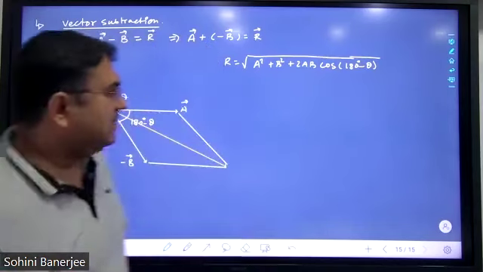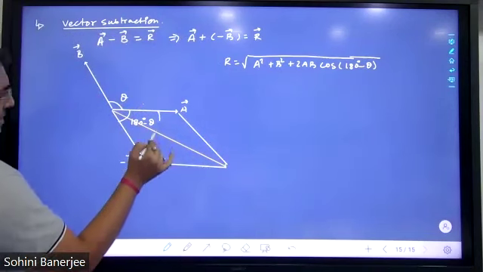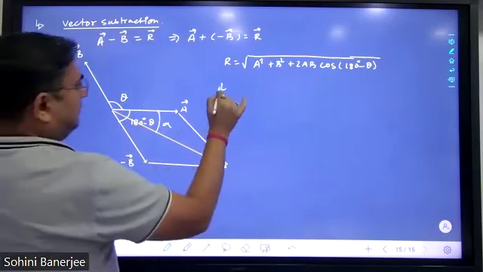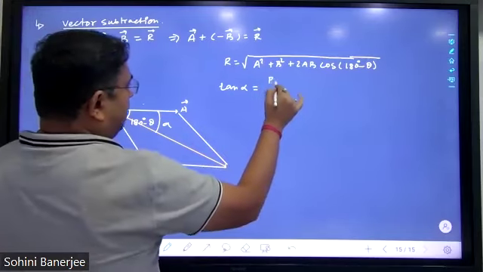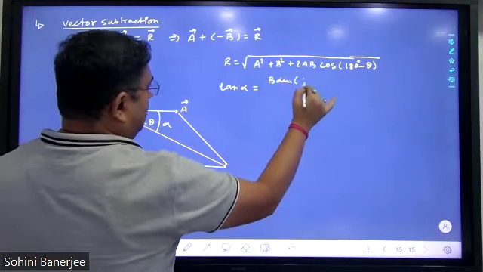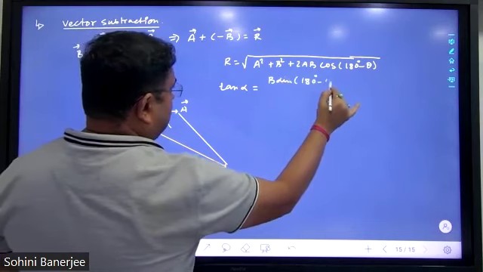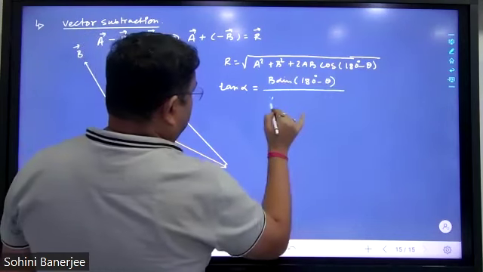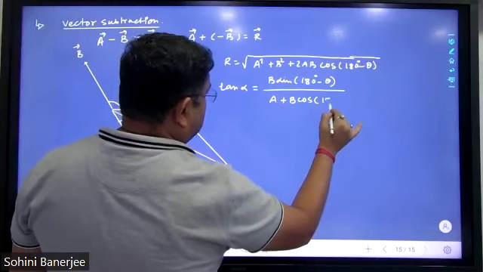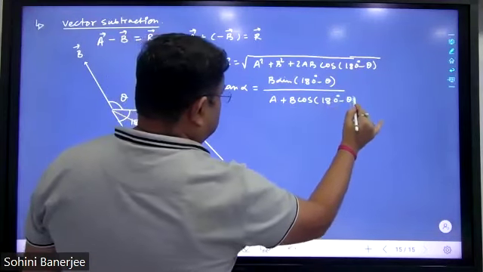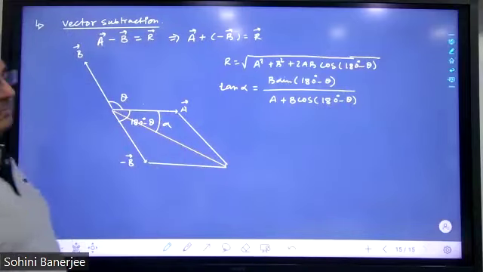Clear? So similarly, resultant makes alpha with A. Then formula wise, tan alpha equals B sin 180 degree minus theta divided by A plus B cos 180 degree minus theta. Understood? So that's how we get tan alpha and tan beta.